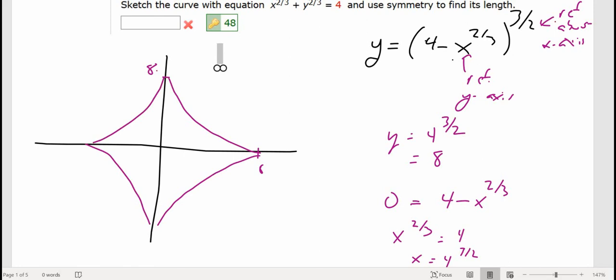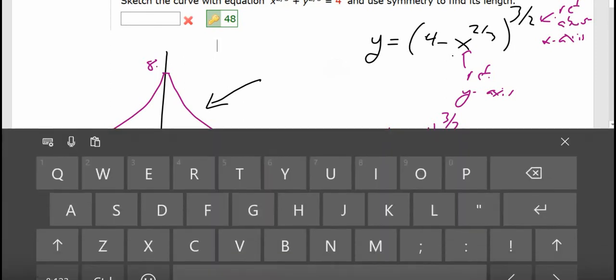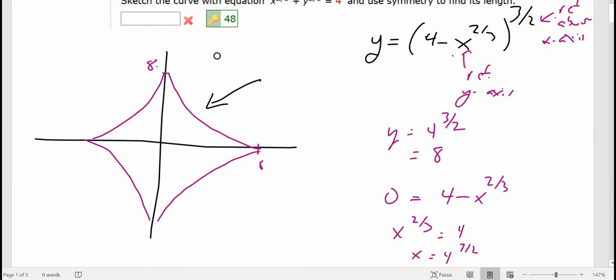Okay? So what we want to do then is find the length of it. All we're going to do is find the length of this piece, and then multiply it by 4. So I'm going back to looking at the derivative, right? Just so I can have some space here and keep some stuff on the screen, I'm going to erase that.